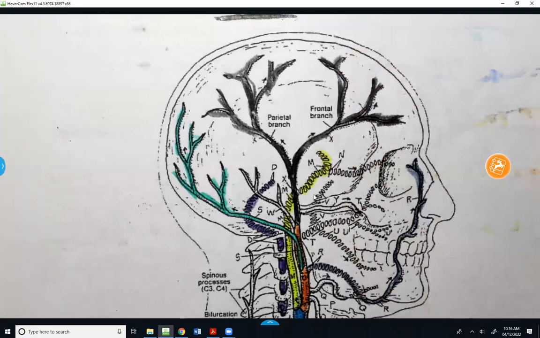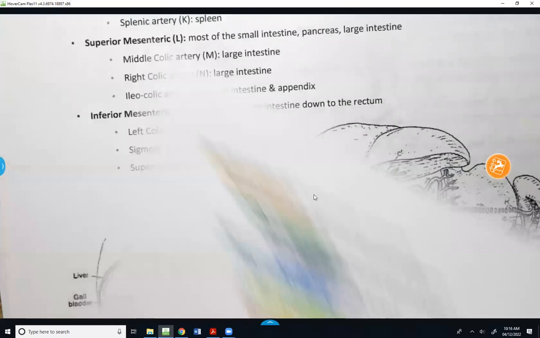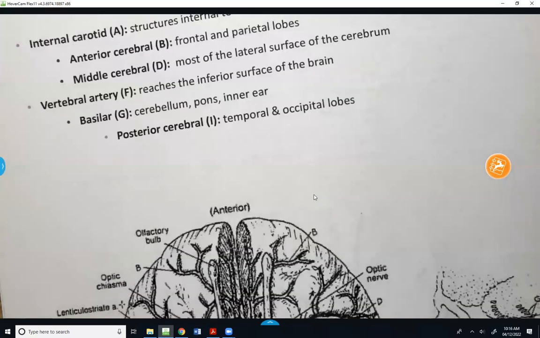As you can see, there's a lot of other blood vessels that are branching off and feeding different things in our head, but I'm going to keep it fairly simple for you guys. I know there's still quite a bit to know for these things, but there's definitely more that could be done.